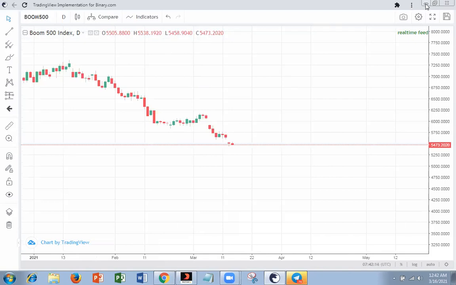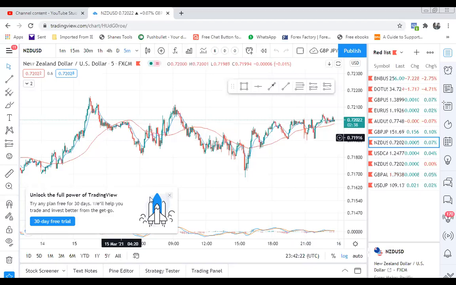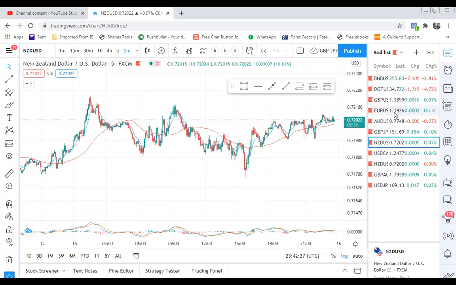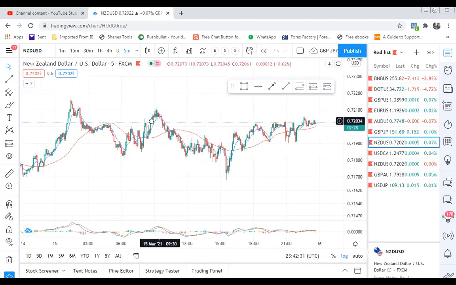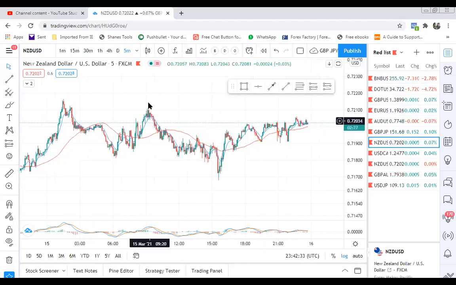But if you are in the normal tradingview.com, let me show you. If you're on the normal tradingview.com, where you analyze just currency pairs and cryptocurrencies, as long as you have an account, all you need to do once you've opened an account is make your analysis here on your PC and then download the TradingView app on your phone.